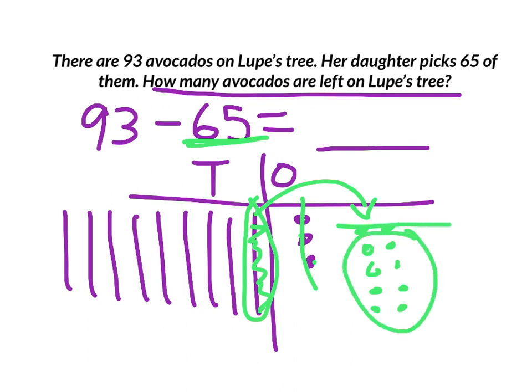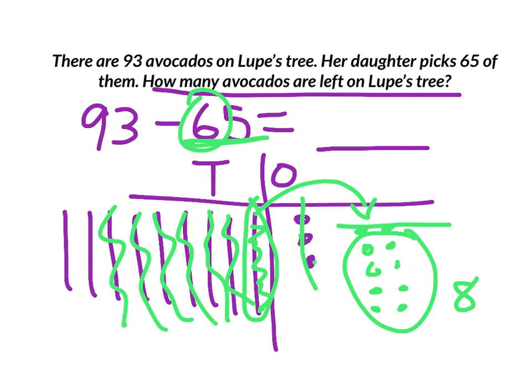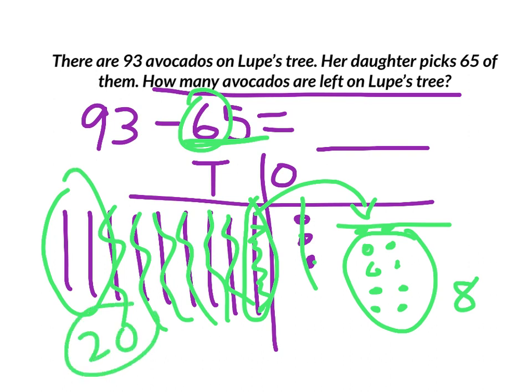This is what's left on the one side, 8. Now I have to go over and cross out 6 of the 10s. 1, 2, 3, 4, 5, 6. That's 6 of the 10s. And I still have 20 over here. So my final answer is 28.